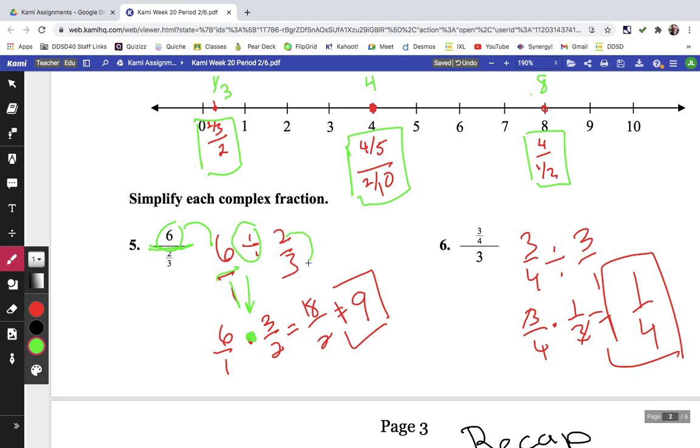I take the 2, I put it at the bottom, I take the 3, I put it at the top, and that is a reciprocal, 3 over 2. Same thing here. Notice what happens to this 3 over 1. It becomes the reciprocal, 1 over 3. 3 over 1 times 1/3 equals 1. That's what a reciprocal is.